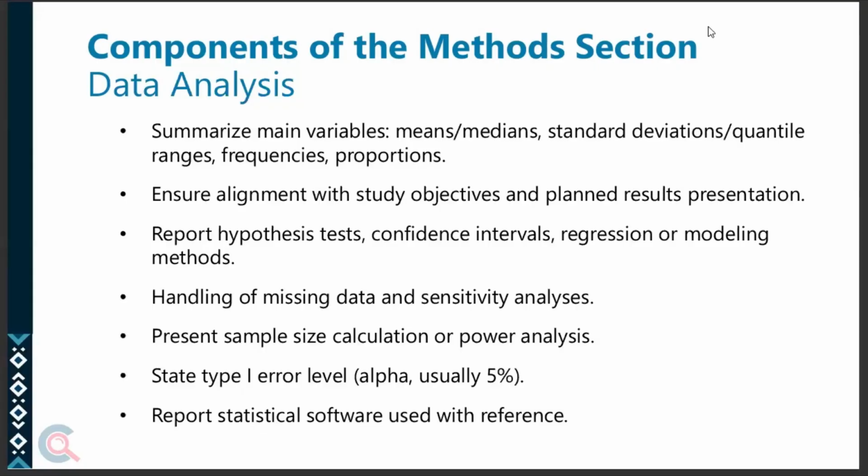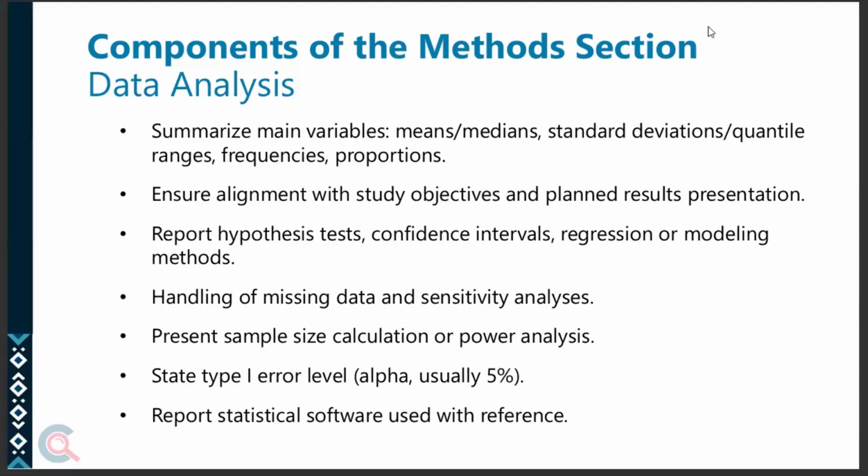Another subsection of the method section is the data analysis. This is where you summarize the main variables, the means, the median, the standard deviations, the ranges, frequencies, proportions that were used. We have to ensure in this section alignment with the study objective and plan the results presentation.